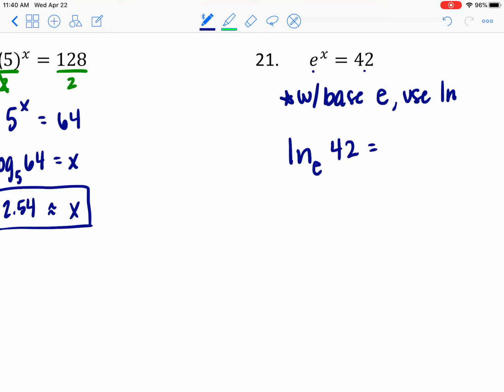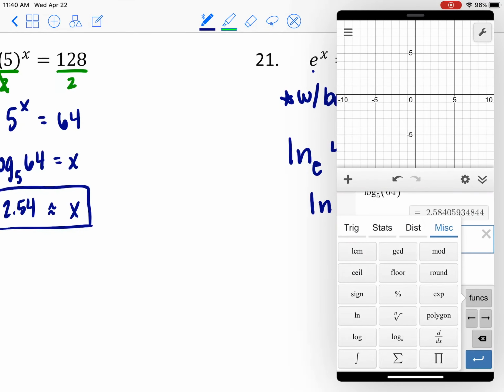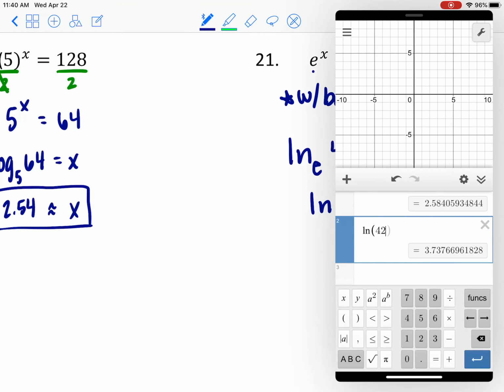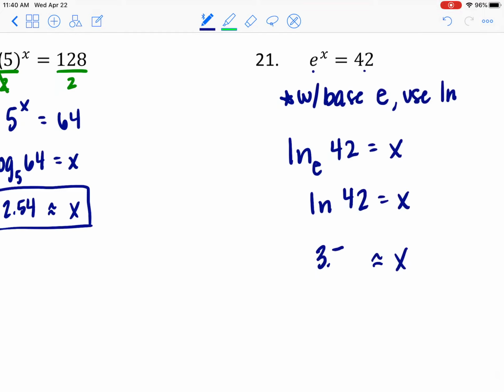If I go to rewrite this, instead of common log, I'm going to say natural log, base of the exponent, base of the log, of 42 is my power, x. Well, natural logs are already base e, so this is the same thing as just saying natural log of 42 is equal to x.